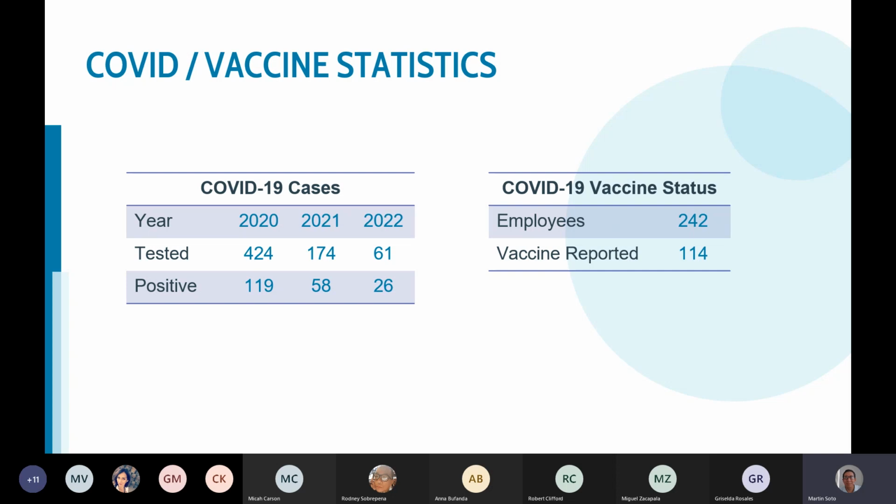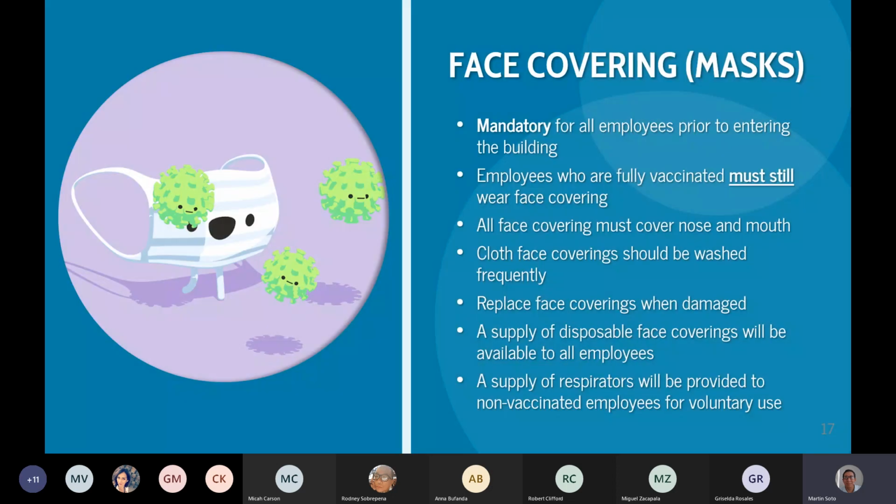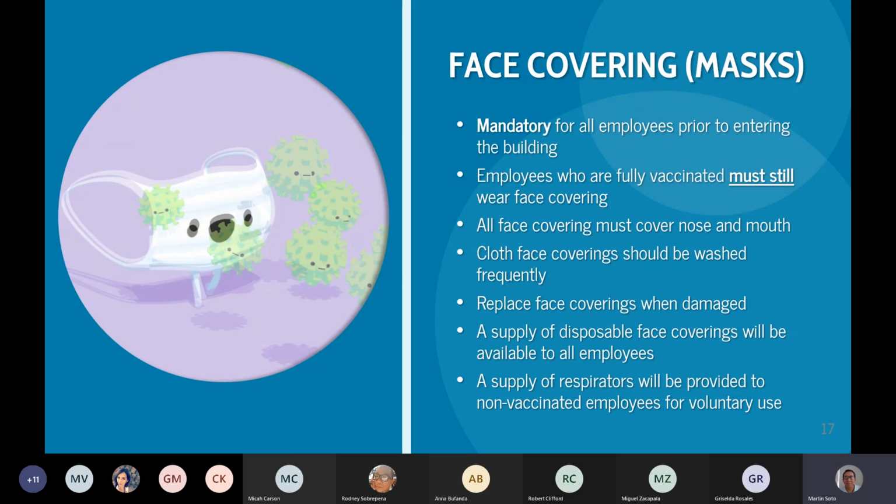But until we see that, or if we don't ever see something close to that, we still have to maintain our policies. So with these numbers, with the analysis and evaluation that the COVID-19 committee has made, we're going to maintain the face covering mask mandate here in our facility.